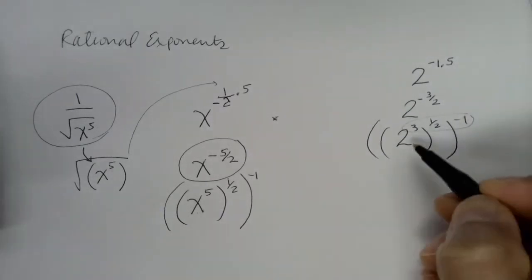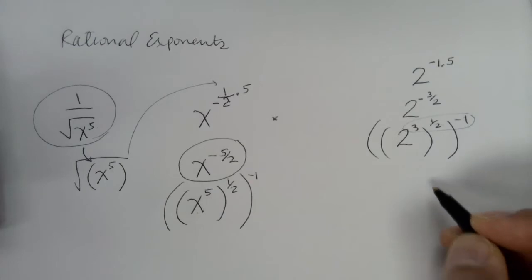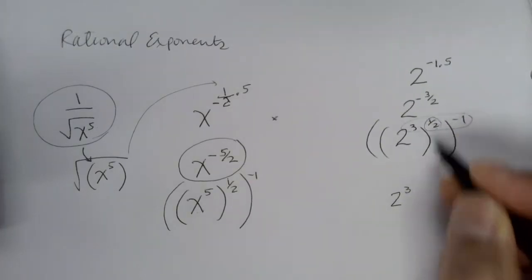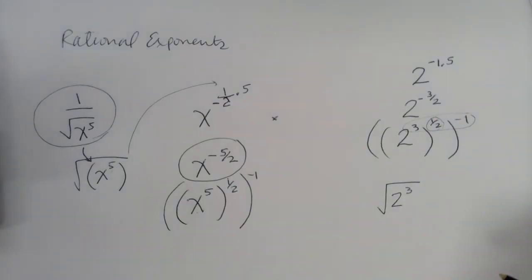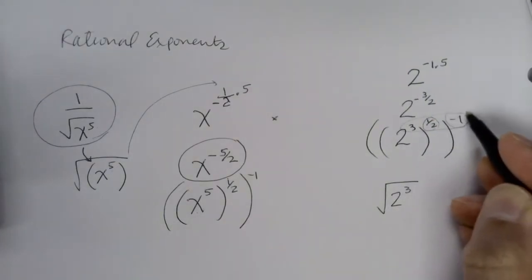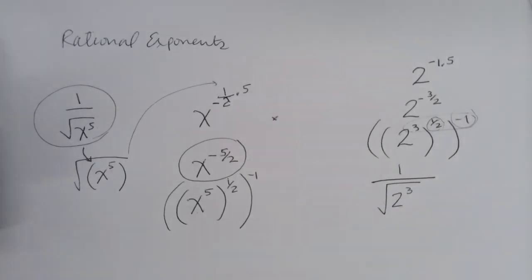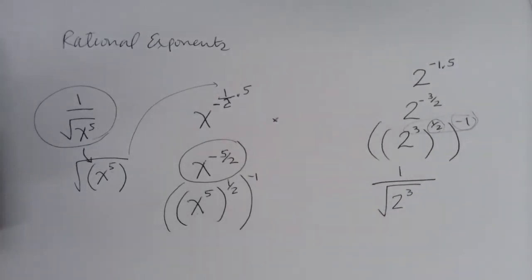I'm just breaking up each of those ideas, so that 2 to the 3rd power, the half means that it's actually the square root of that, and then to the negative 1 power means I'm actually dividing by it. So that would be radical form for number 14.